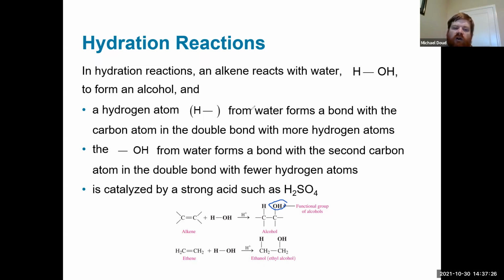Now, what's important about alcohols is that having this OH group allows it to hydrogen bond with water. And so it tends to be that alcohols are more soluble in water than other organic compounds. For the catalyst for this reaction, you just need to use a strong acid, but usually it has to be something like sulfuric acid, a very, very strong acid, for it to actually go.